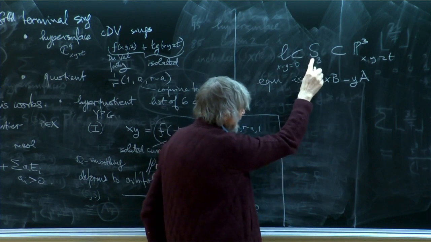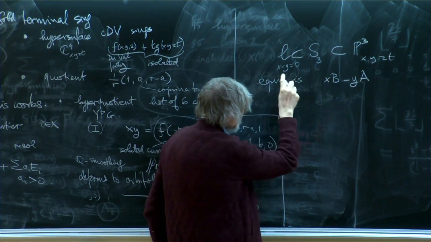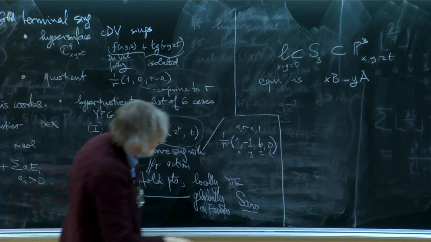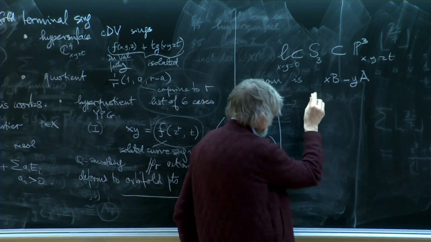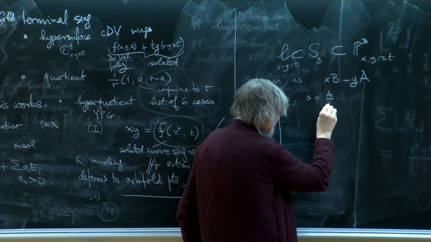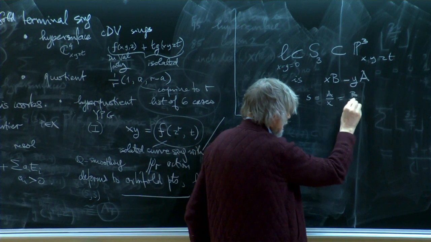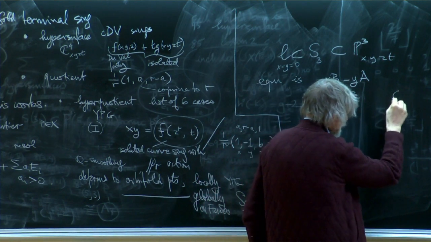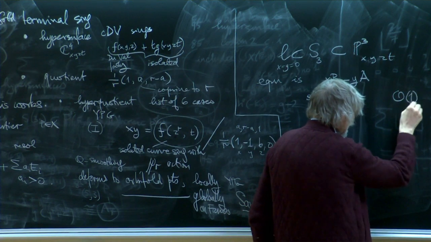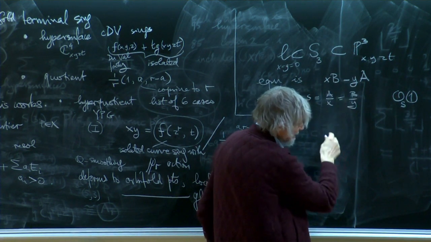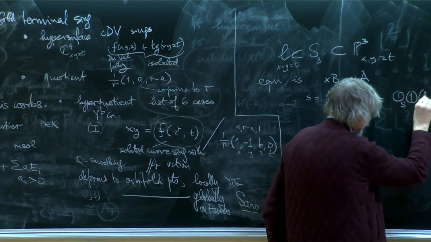I'm just writing down any cubic form that's in the ideal of x and y. Yes? And so when I do this, it's written down so that if I write s equals a over x equals b over y, this is a form of degree 1. It's on S, it's well defined because of this equation, and it's got poles along L.